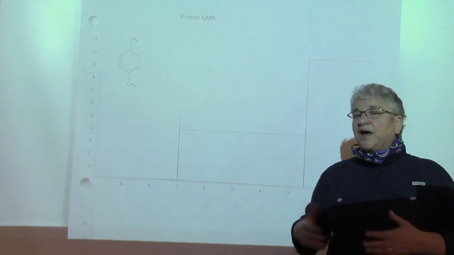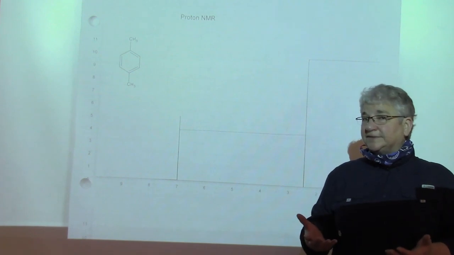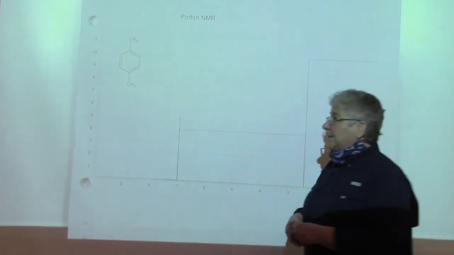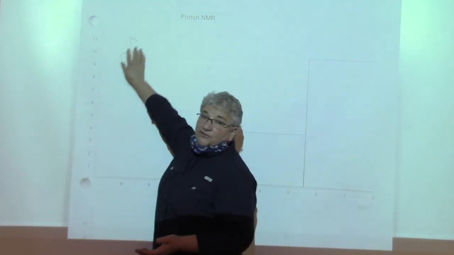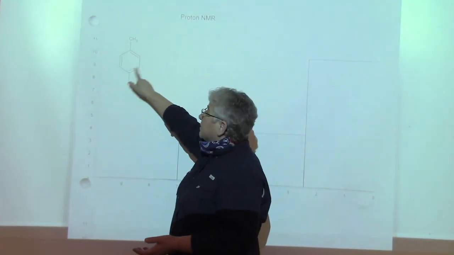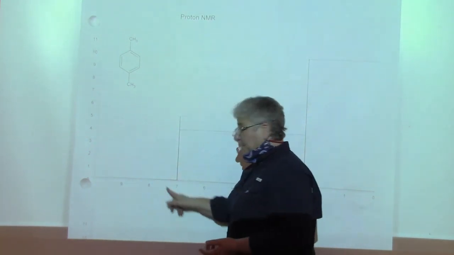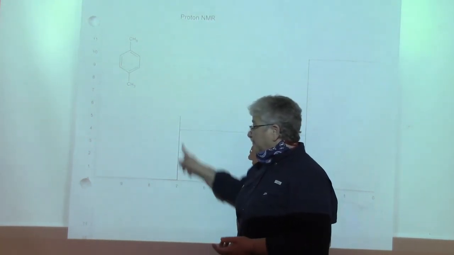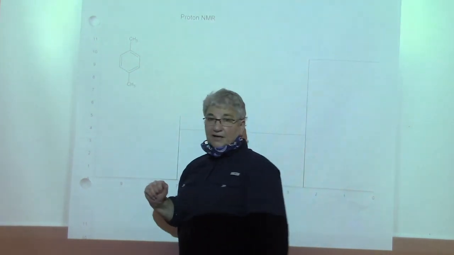So you have to use your chemical senses and understand that because I know what the structure of this molecule is, because of the symmetry of this molecule, and because of the chemical shift, I know that these 2 hydrogens are the aromatic hydrogens.